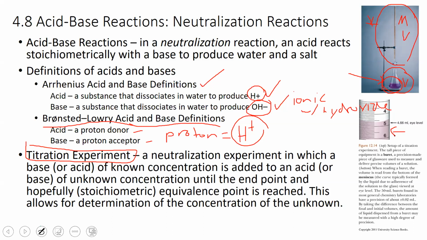So acids are covalent substances, but they act in a very ionic way. And the strength of the hydrogen bonded to whatever element it's bonded to. In the case of sulfuric acid, hydrogen is bonded to an oxygen. In the case of hydrochloric acid, it's bonded to a chloride or a chlorine. And the strength of that bond is going to govern how strong of an acid it is.